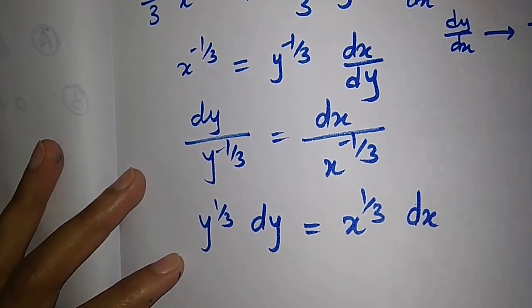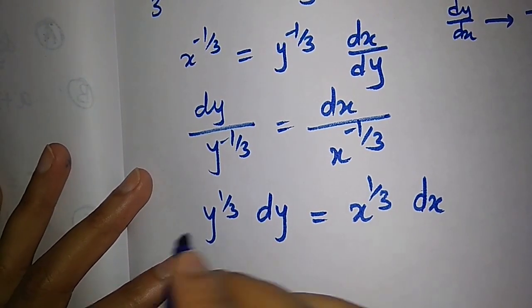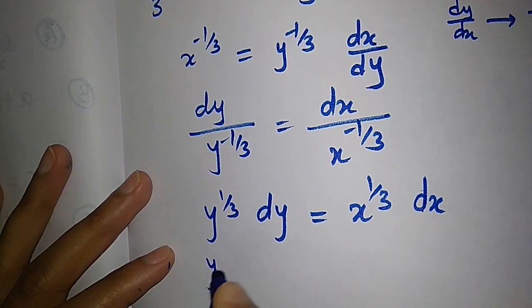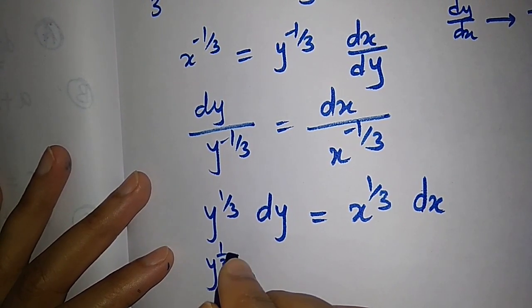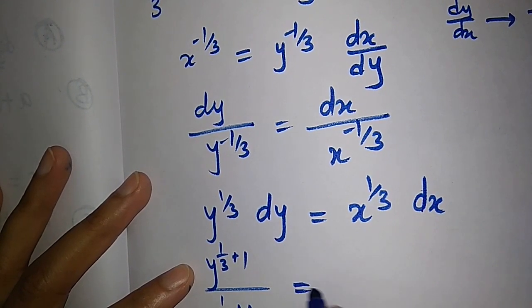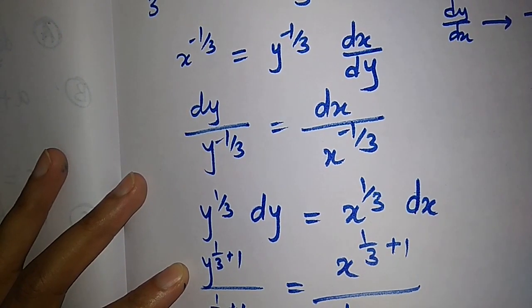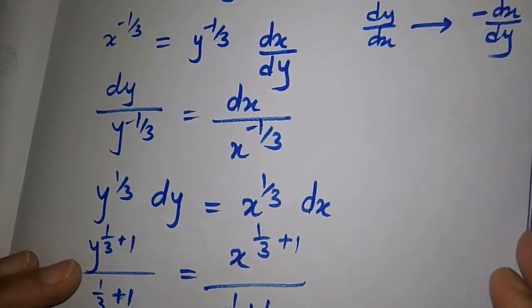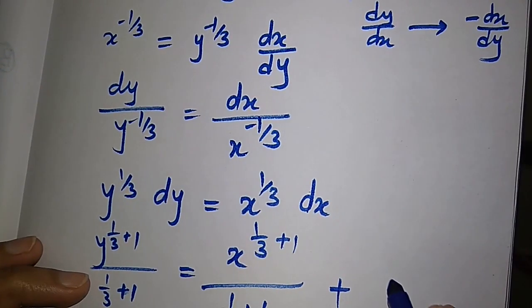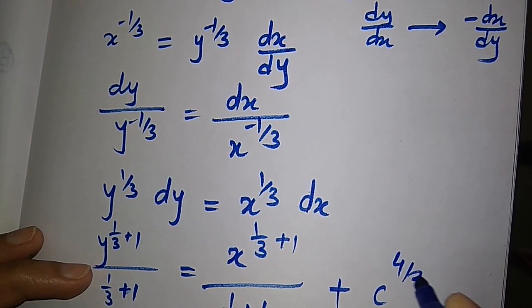Now take the integration. Integrating on both sides, we will get y raised to 1/3 plus 1 over 1/3 plus 1 is equal to x raised to 1/3 plus 1 over 1/3 plus 1, and you just take the constant of integration, let us say this as c raised to 4/3.